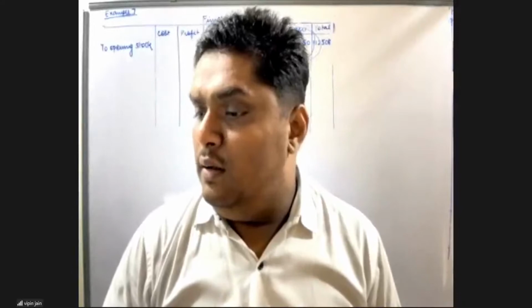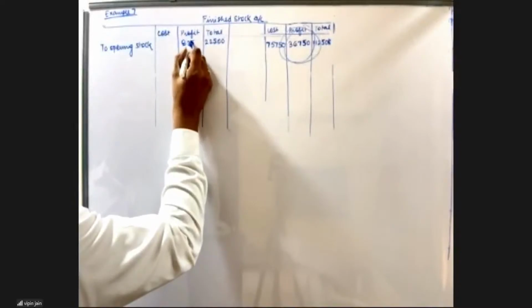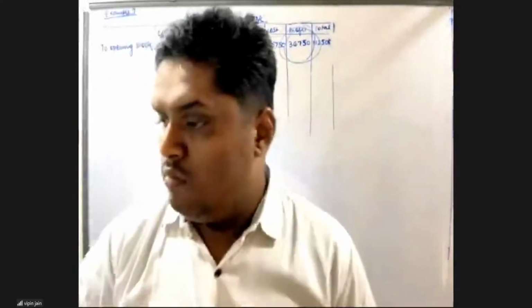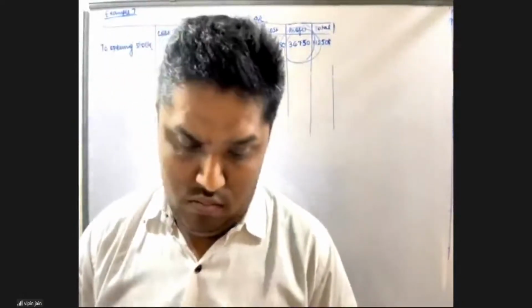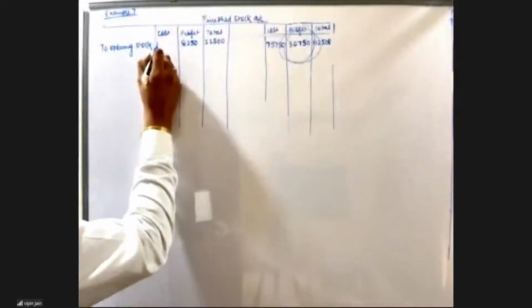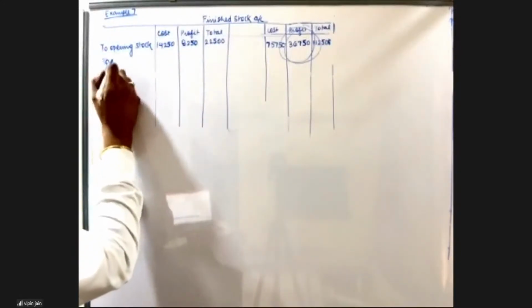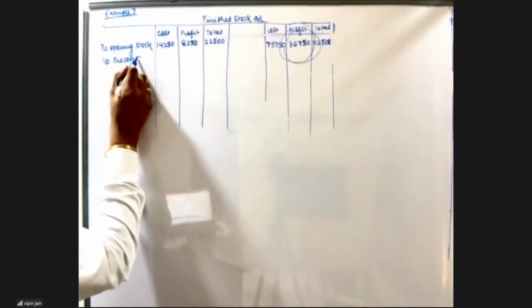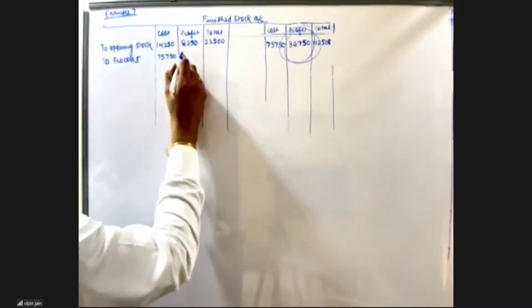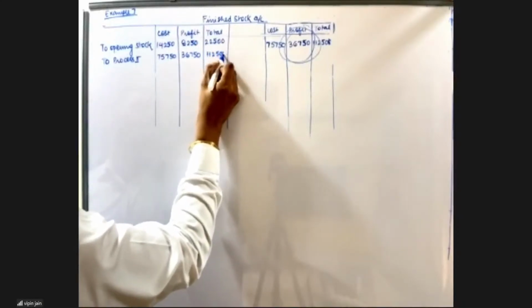Further, the inter-process profit is 8,250. The final value is 14,250, plus the units that are received from process second. The value is 75,750, 36,750 and 1,12,500.